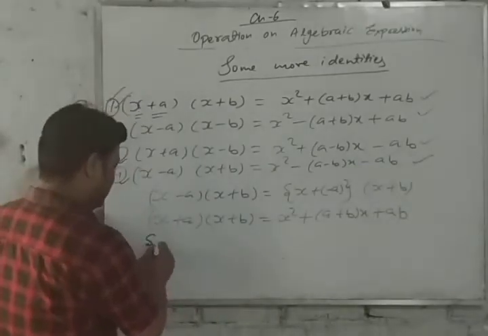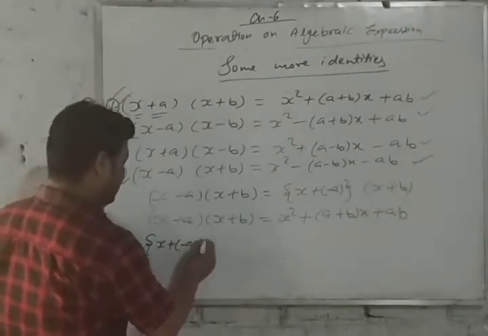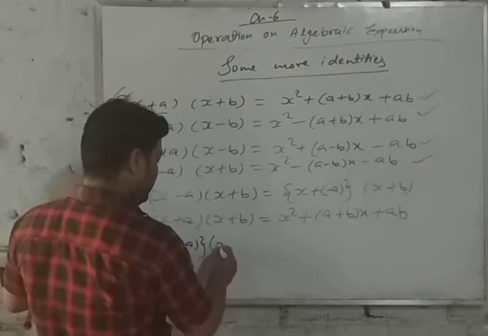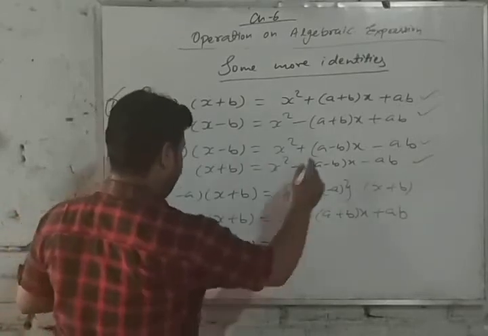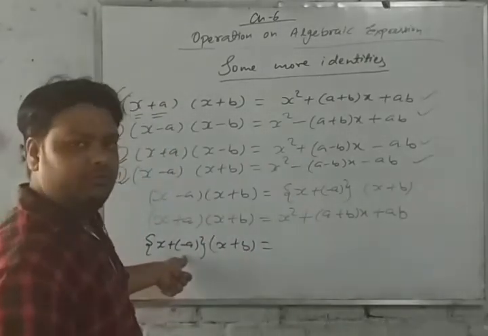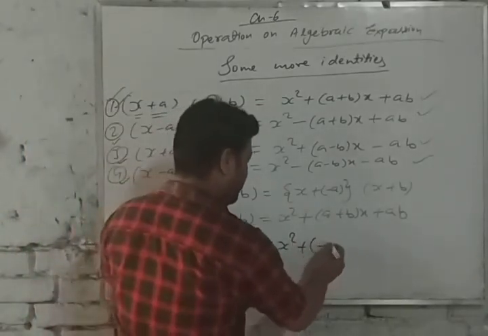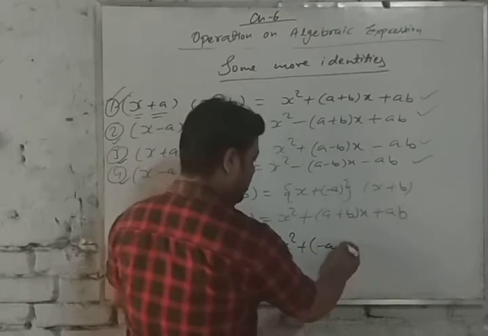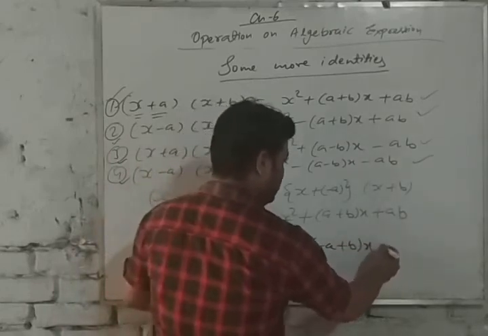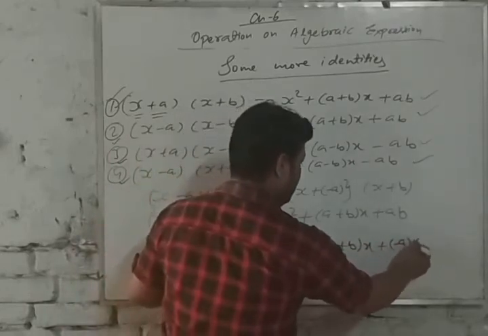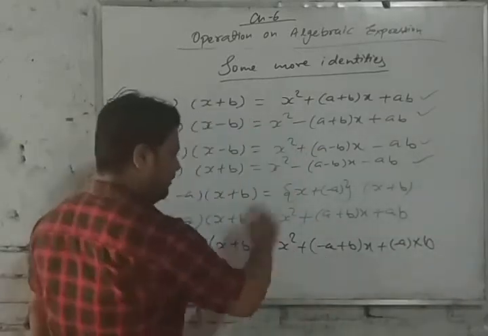Here we will write x plus minus a and x plus b. Okay. Instead of a, we will write minus a everywhere. So x square plus, here minus a we will write. Okay. Now plus b, x plus minus a into b. Now solve it.